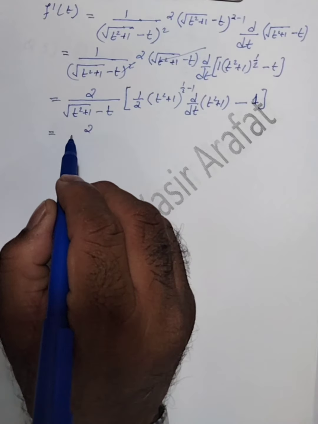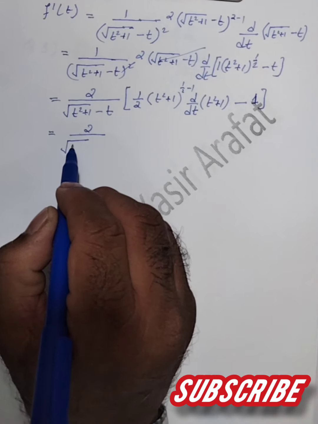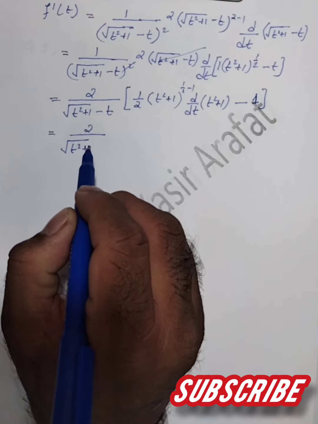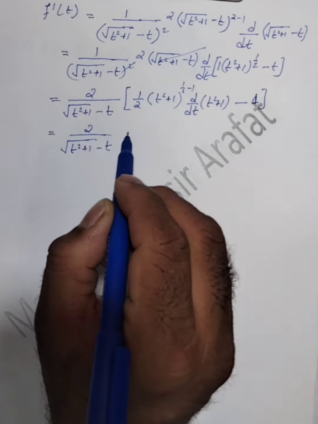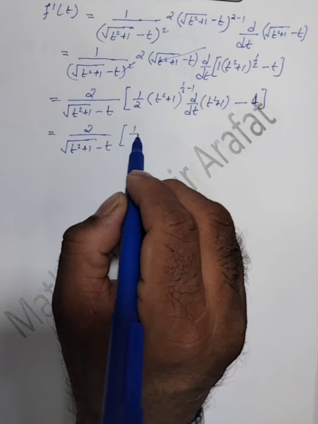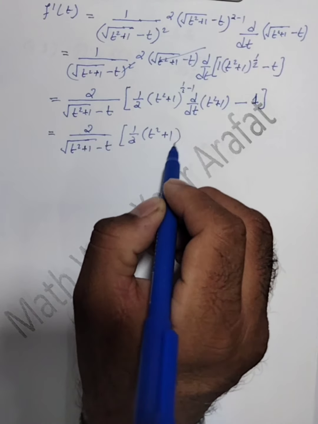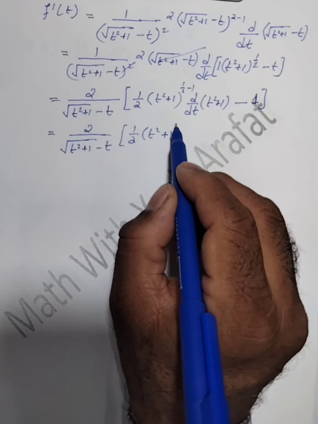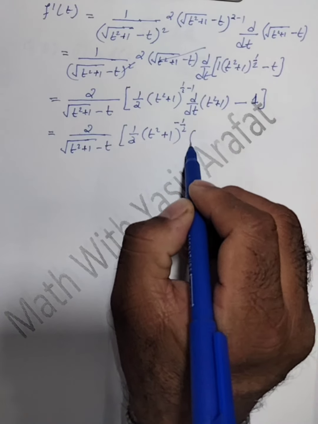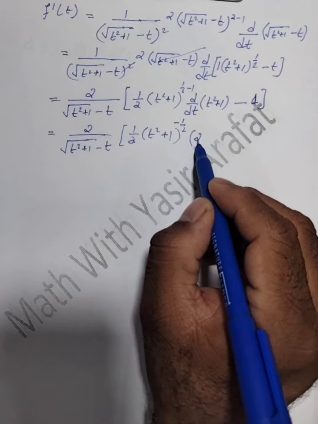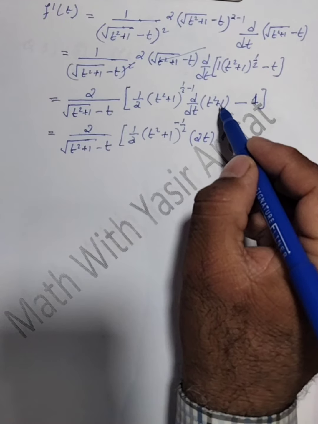So this is 1 over 2 times t square plus 1 to the power half minus 1, minus 1. The derivative of t square is 2t and the derivative of 1 is 0.